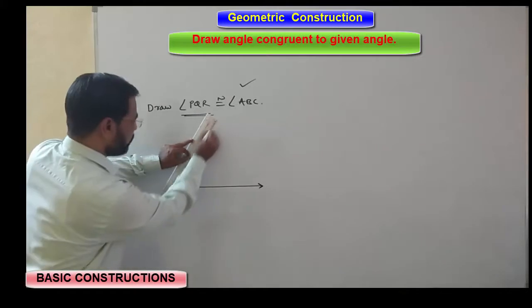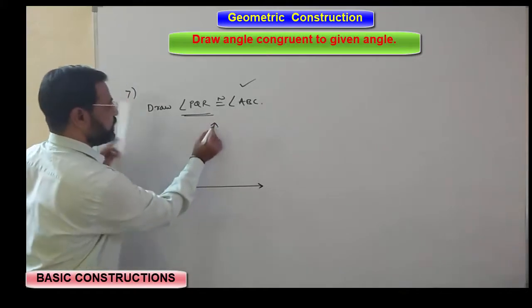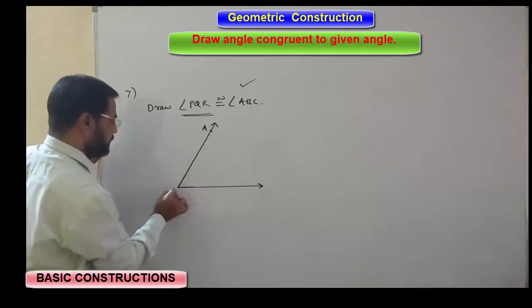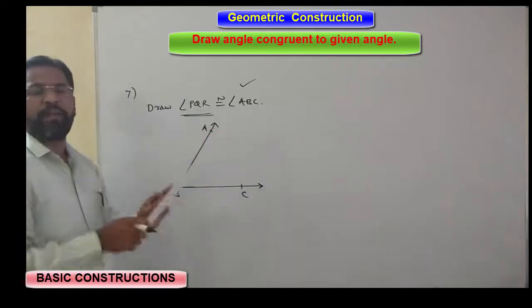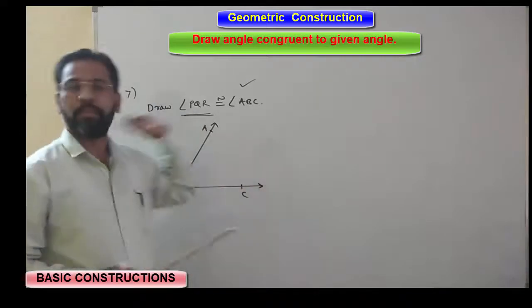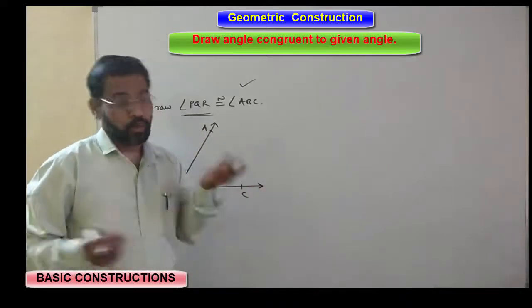How much is the measure of this angle? We don't know. This is angle ABC. This is given to us. The same measure angle we have to draw here. That is angle PQR. So how to draw?